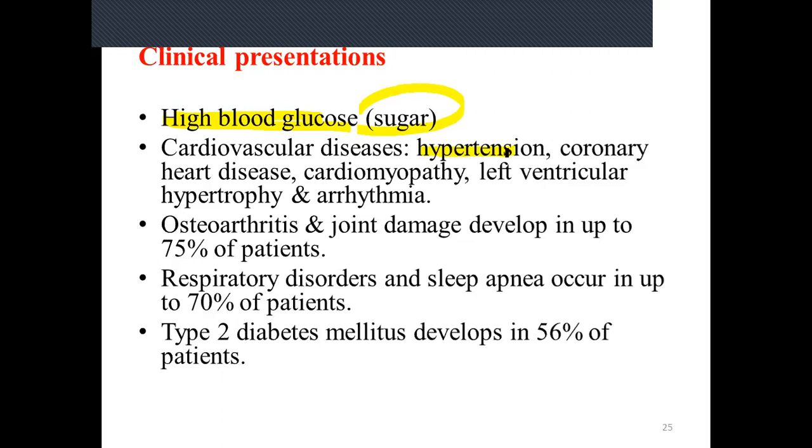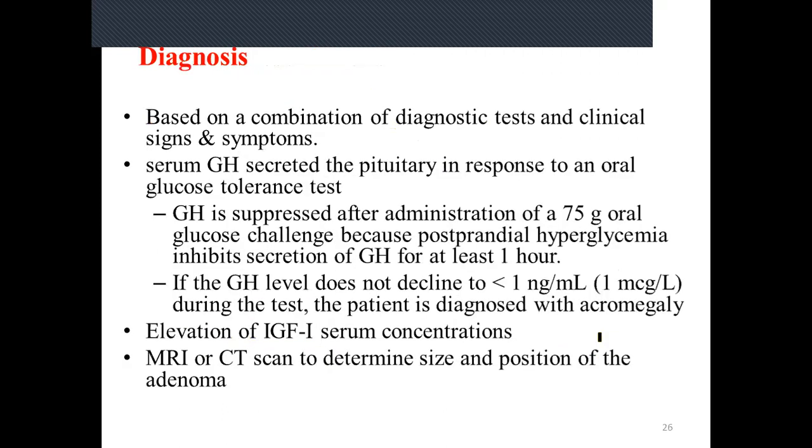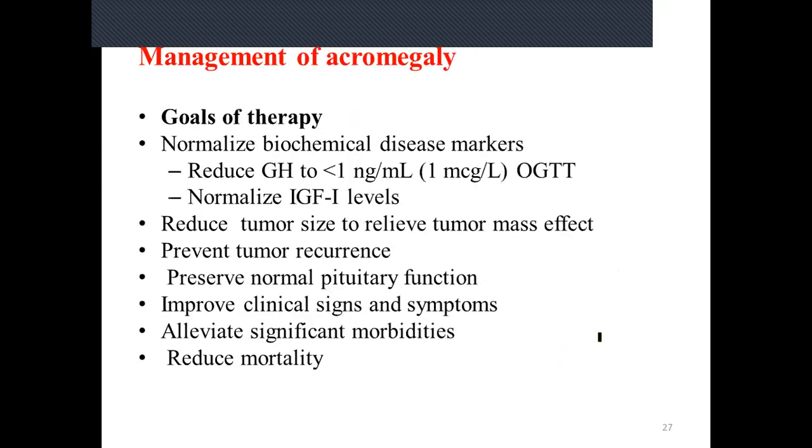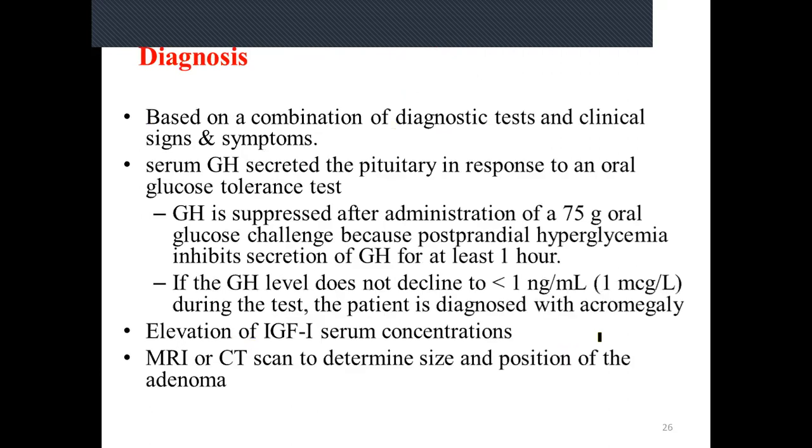Finally, this patient can even have type 2 DM because of insulin resistance. So those are the most common findings you will encounter when a patient has acromegaly or excessive growth hormone production.